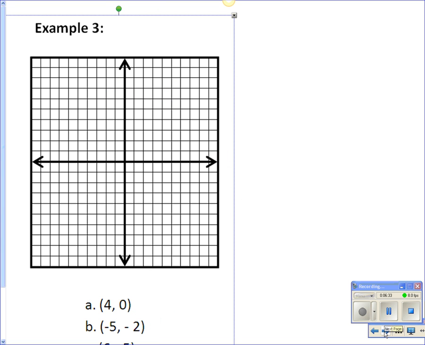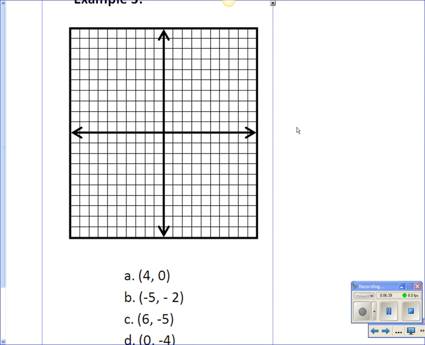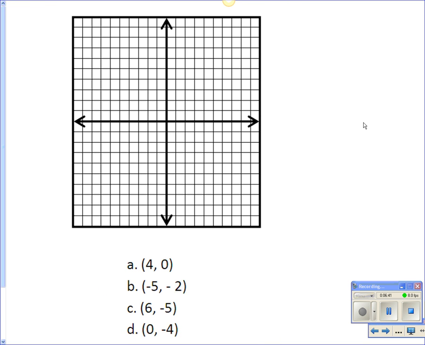The next example, example number 3. The first point they give us is 4, 0. Let me write up here that this is example 3. So 4, 0, I'm going to label it X and Y. It's a good idea to go ahead and label this is the X-axis and this is the Y-axis.